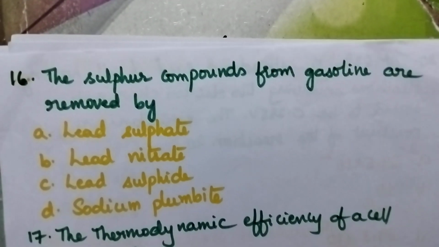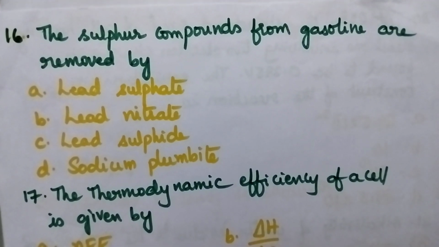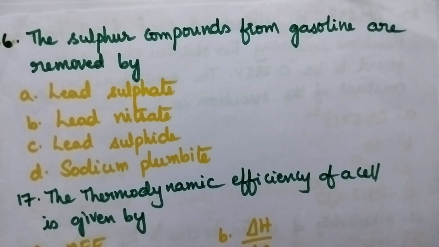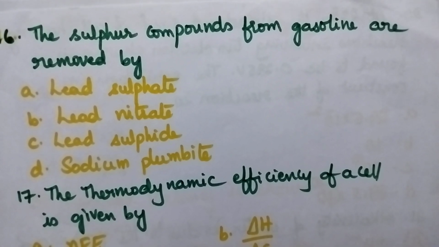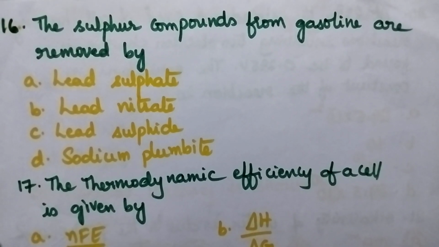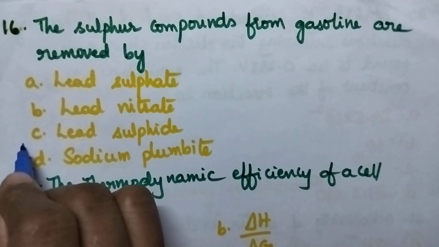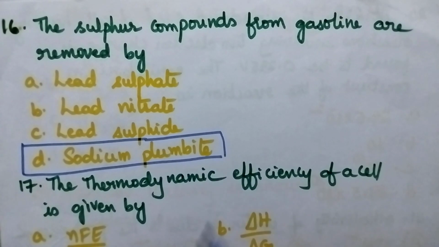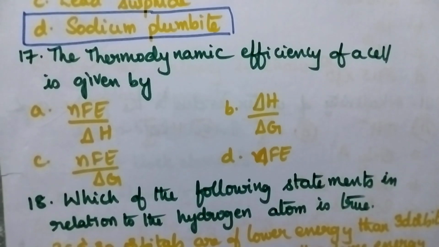That is the 16th question. The sulfur compounds present in gasoline can be removed by. For the removal of sulfur compounds from gasoline, sodium plumbite will always be added. So option D is the right answer.